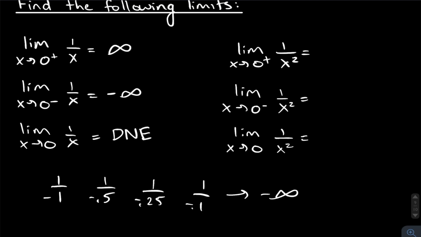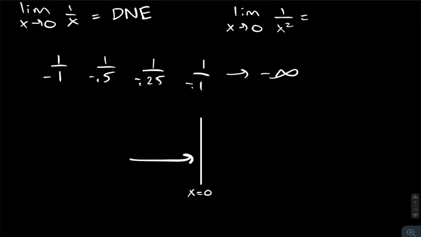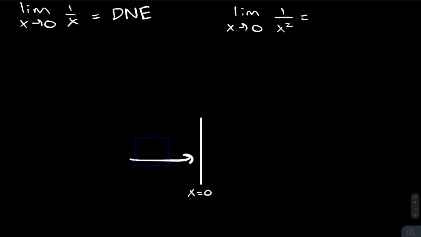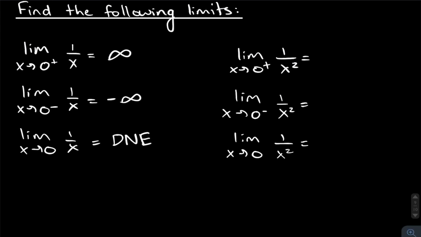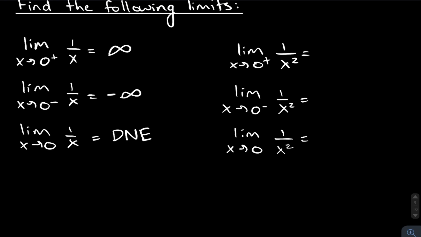All right, cool. So that's that, but we'll move on now to 1 over x squared instead of 1 over x. And here, you might already see this, might not, not a big deal. We have x squared, so we don't end up with anything being negative. We talk about the limit as x approaches 0 from the positive side.